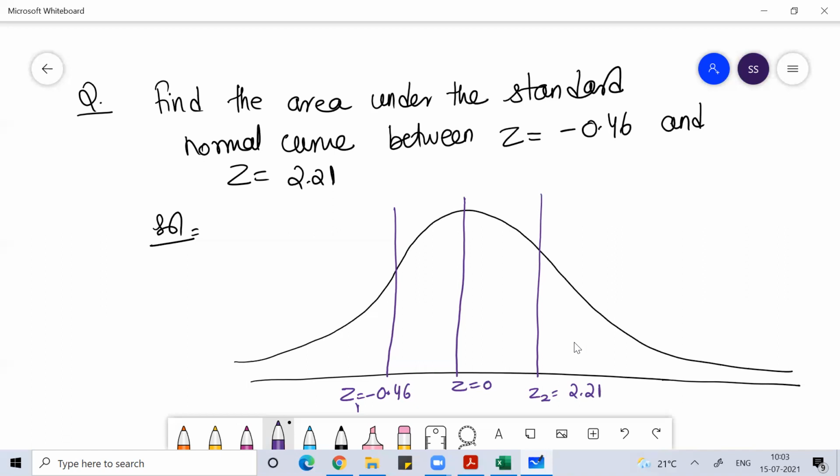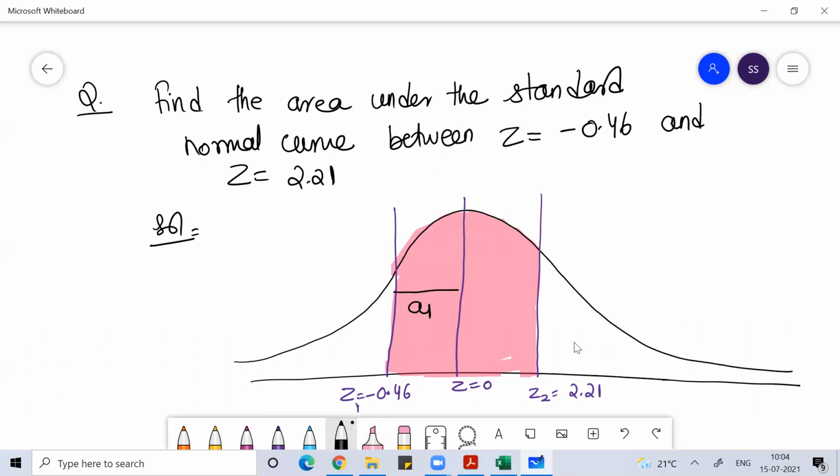Are you getting this? Between these z values, you have to find the area of this region. So how will you find the area of this region?